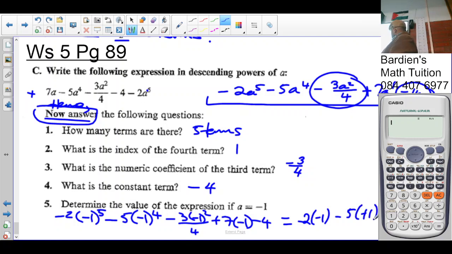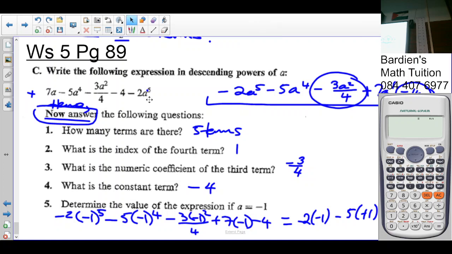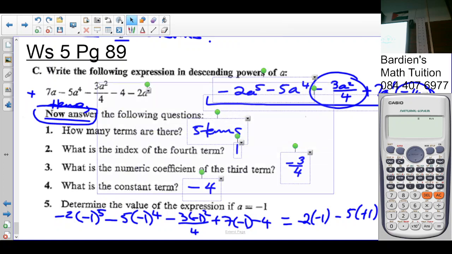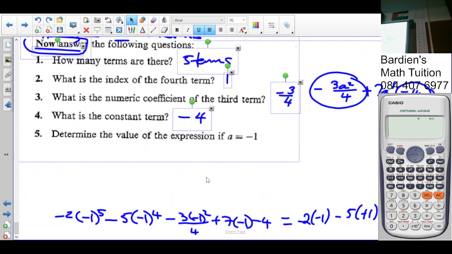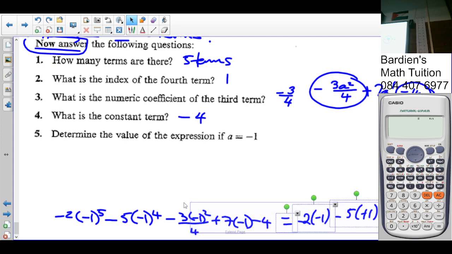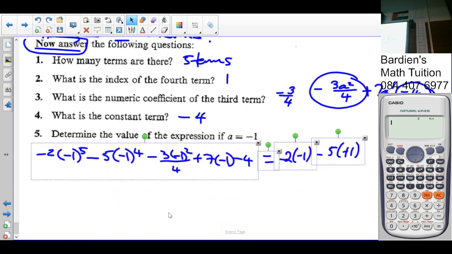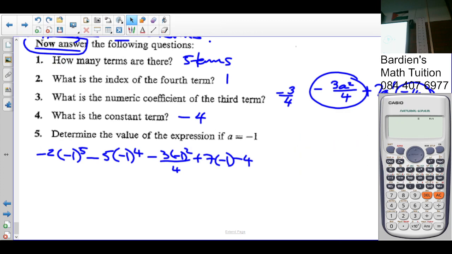Okay? We're running out of space here. And then we came to the end of the page. So I'm just going to move everything up. Alright, let's go again.